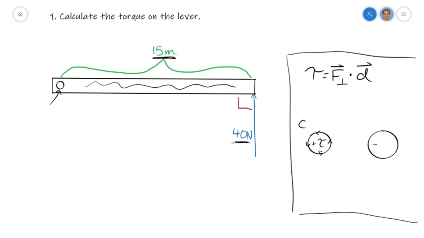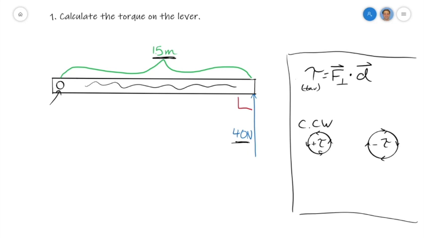And if the force applied on it is pushing it to turn clockwise, then we're going to have a negative torque. And this little symbol we use is called tau, and we use it because the other letters of the English alphabet were taken. So let's begin.